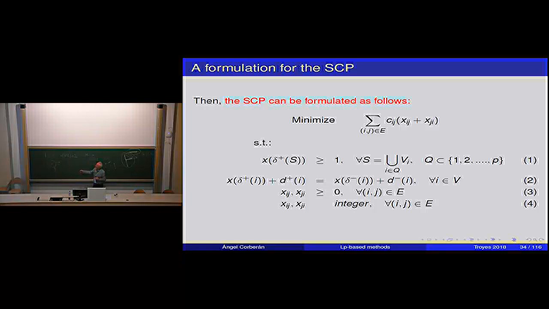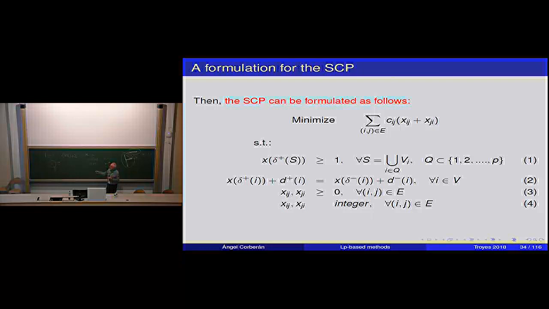The other equations are the symmetry conditions, saying that if I enter three times at that vertex, I should leave it three times too. Flow conservation conditions or symmetry conditions. And the non-negativity and integrality of the problem. So this is a very basic and simple formulation for the Stacker Crane problem.